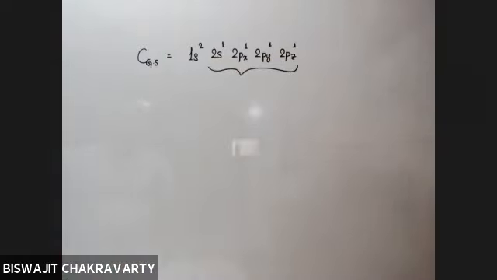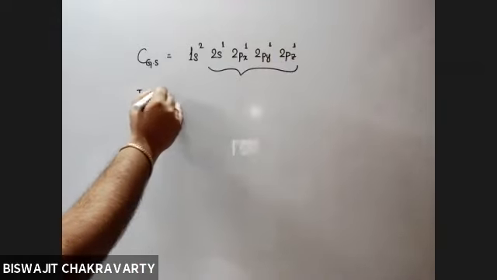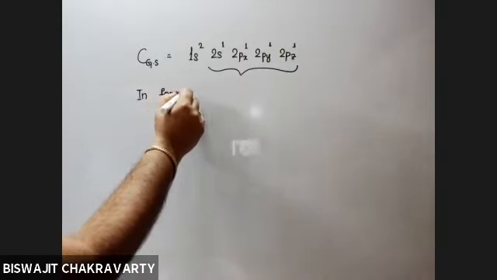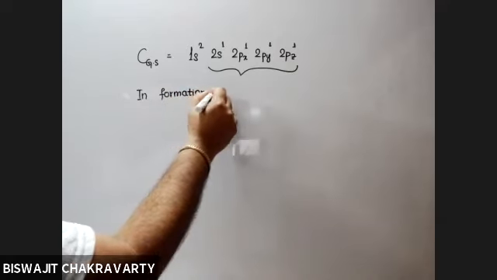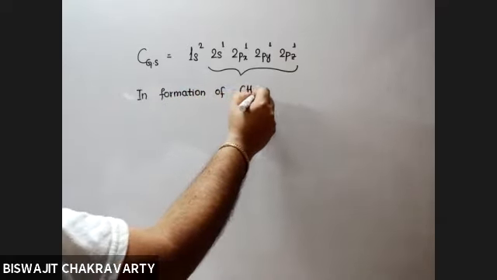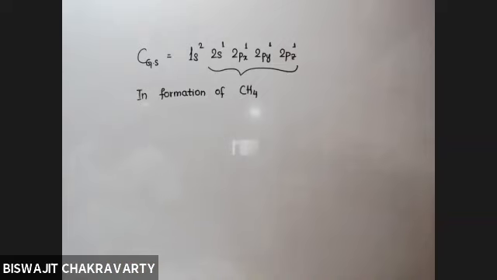But suppose in formation of methane, carbon is supposed to invite 4 separate hydrogen atoms to overlap with s orbitals of hydrogen.